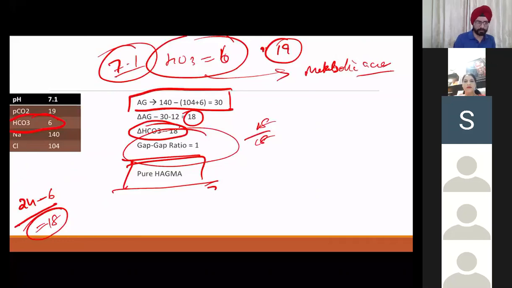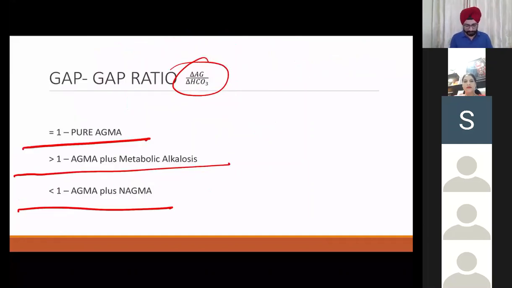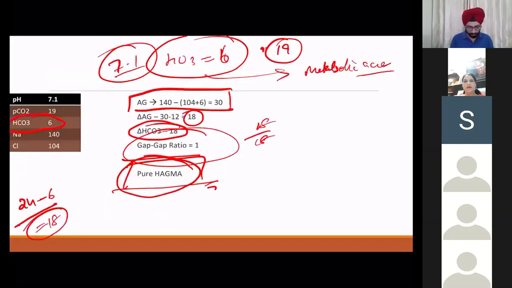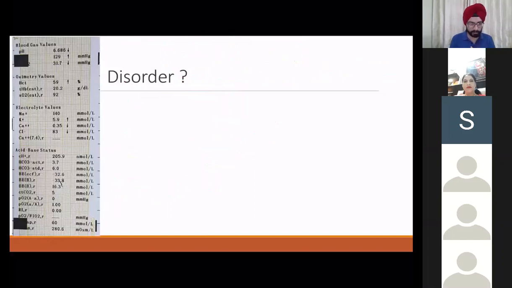So this in a way tells us that if you get a pure high anion gap metabolic acidosis, it means that the anion gap that has occurred is purely because of, and is being compensated by, the bicarbonate, and there is no other factor going on. And if that does not happen, either there is a metabolic alkalosis going on also, or there is a normal anion gap metabolic acidosis also going on. Okay, let's look at another ABG. What is the disorder?